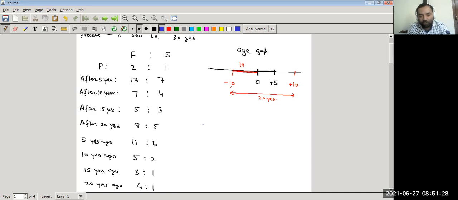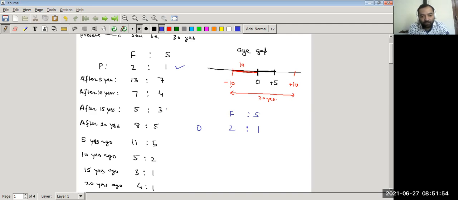If the question is: the present ages of father and son are in the ratio 2:1. Present age means we can take 0 also, right? Either you can write P or you can write 0. 0 means it is the present age.